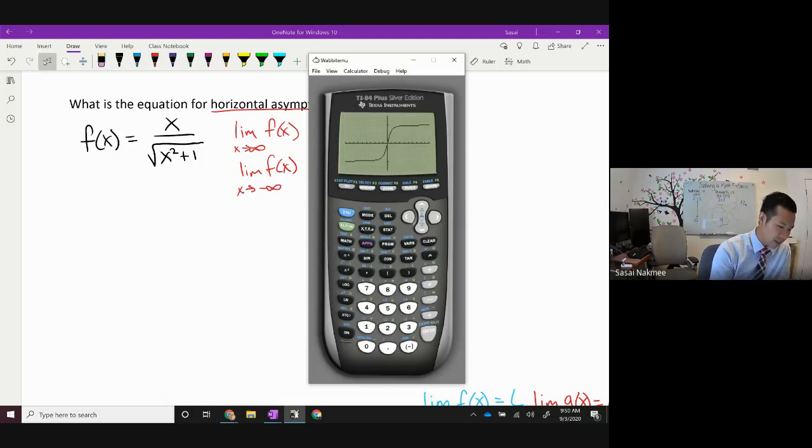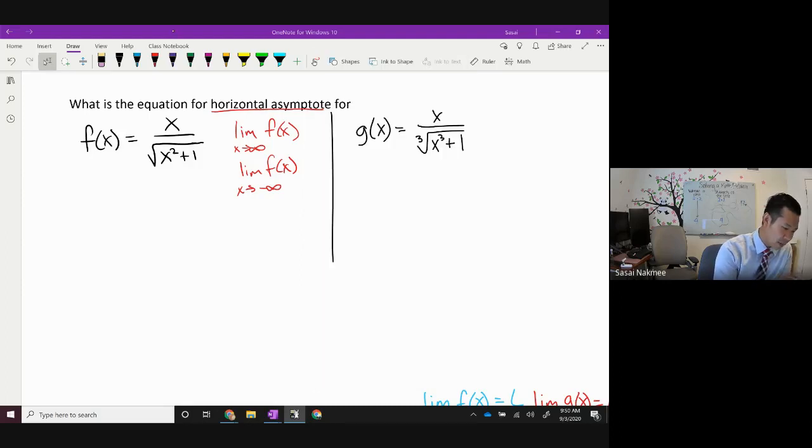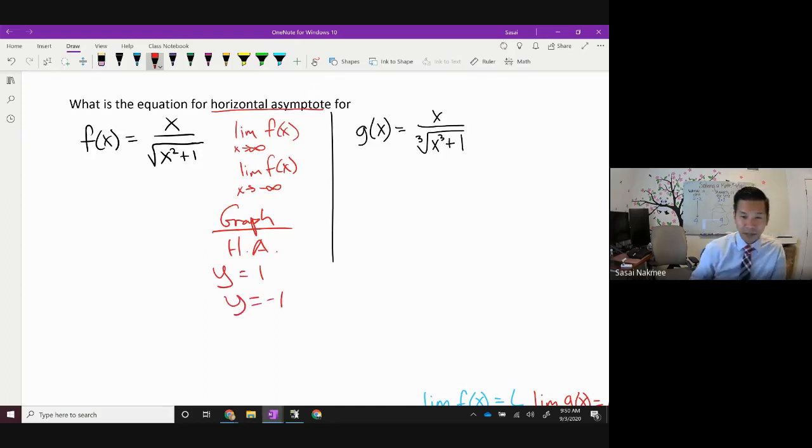So graphically speaking, looking at this graph, I see 2 horizontal asymptotes. I see one at y equals 1, and I see another one at y equals -1. Not too bad, right? And that's what I would say if I was just doing this graphically and they were asking me to find the horizontal asymptote, I'd just stop there.